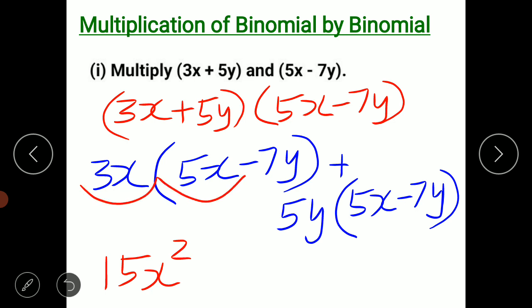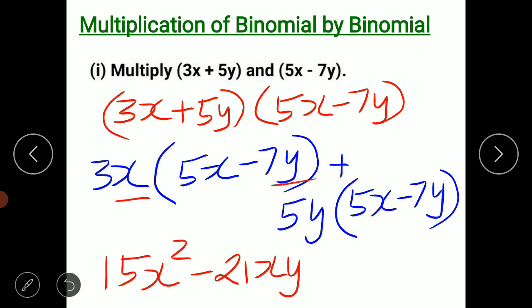So plus into minus, minus 3 7s are 21, x into y, xy. Because both are different variables, x into y is xy only. So we opened this bracket.